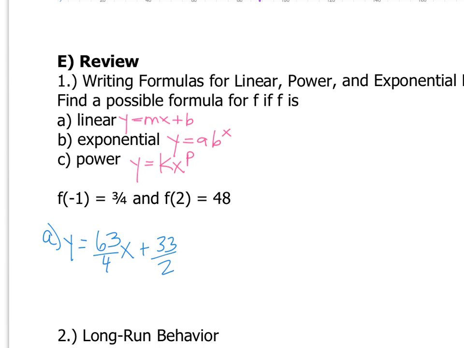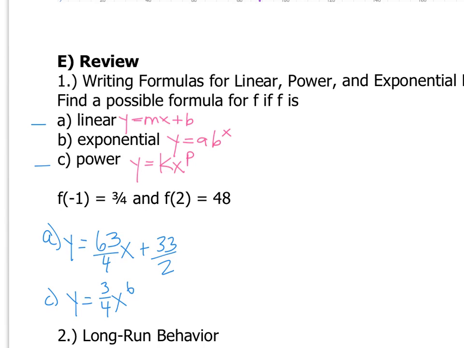Once again, I do expect you at this level to take the responsibility to go back and do the work for both A and C on your own. What you should get for C for that power function is y equals 3/4 x to the 6th, all right?